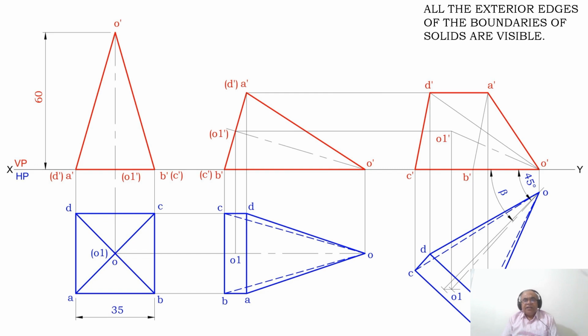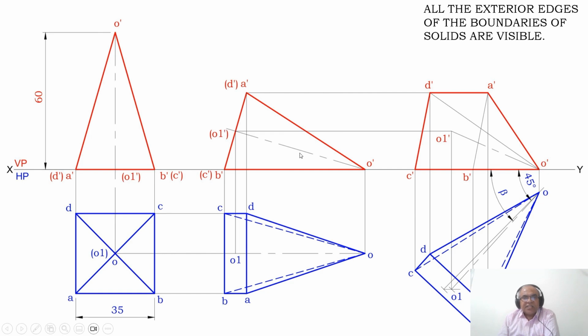Now the next condition is the axis will be inclined to VP at 45 degrees. What does that mean? Since the axis is inclined to VP at 45 degrees, he has given the true inclination. But what you got here, O1, is the apparent length. Why? Because once the triangular face is resting on HP, the axis will automatically become inclined to HP.